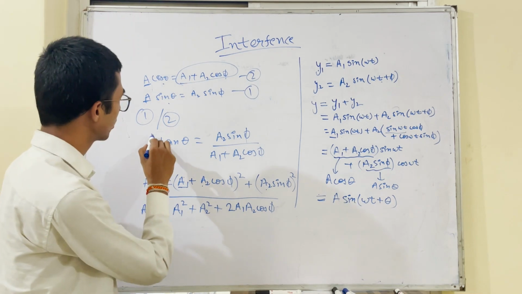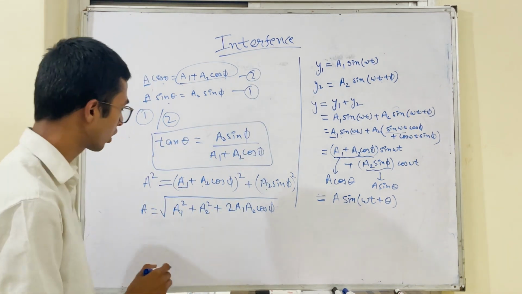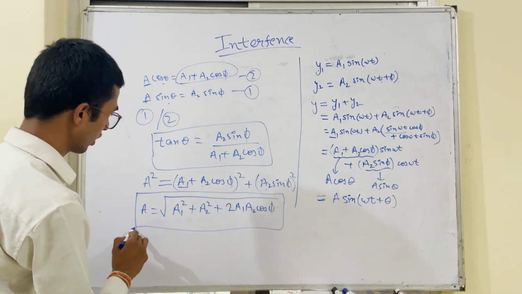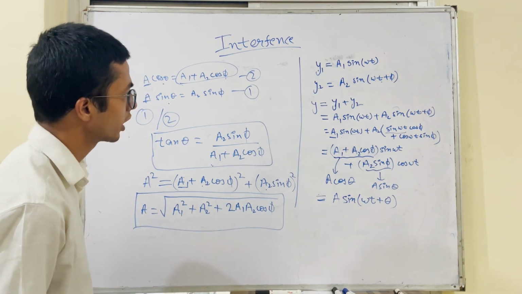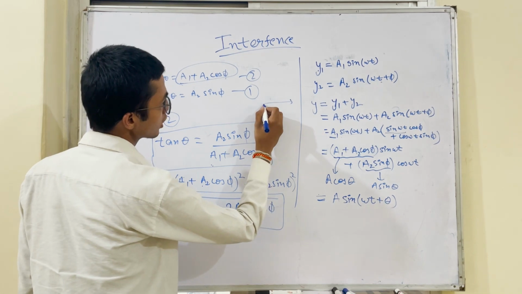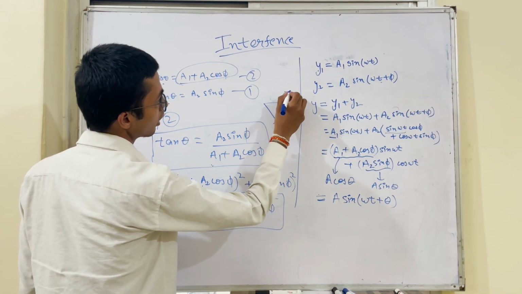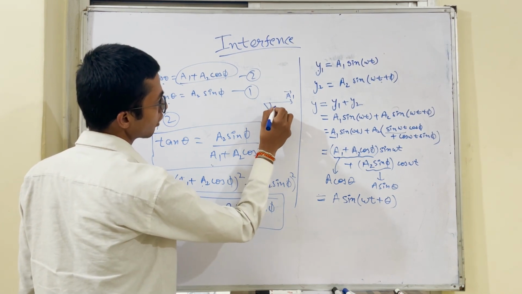So from here I can find these parameters which I have taken as arbitrary constants. This will look like addition of two vectors, like parallelogram addition of two vectors. These are the two vectors a1, a2 and they are making angle phi.